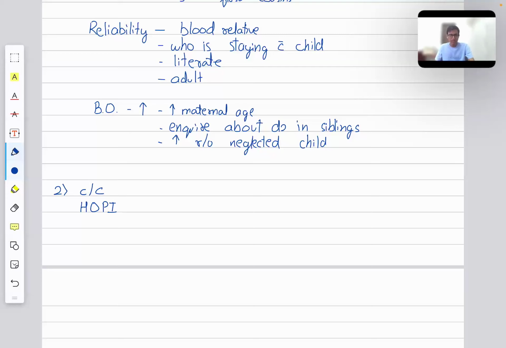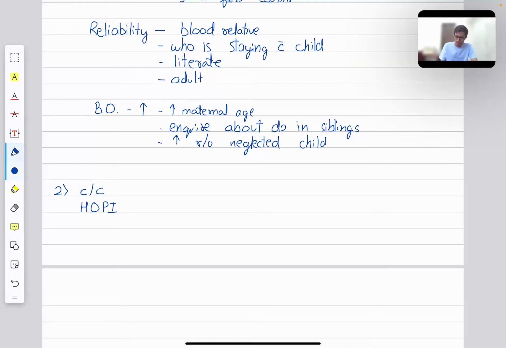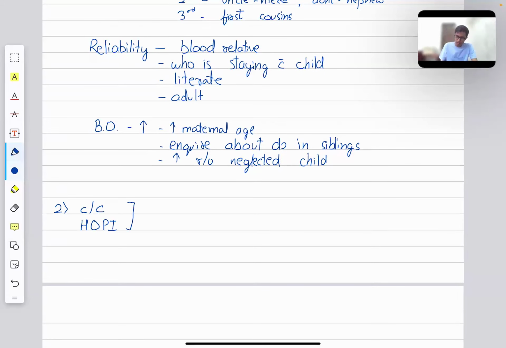Your chief complaint and HOPI is a very essential part that will direct the examiner to ask you questions as well as helping you to arrive at a diagnosis. Let's say your chief complaint is breathlessness or pain in chest. The very first question that you can expect from your examiner is what are the differentials of breathlessness? What are the differentials of chest pain?